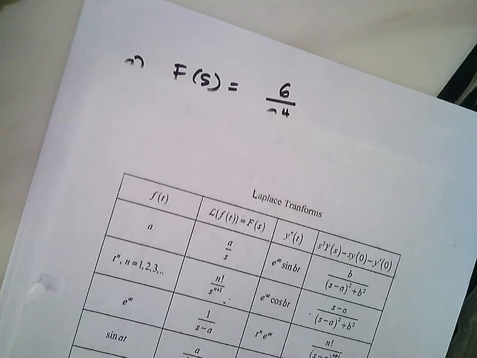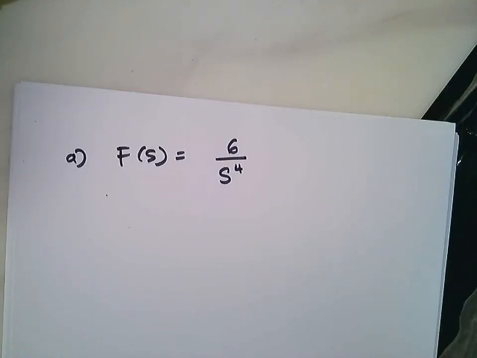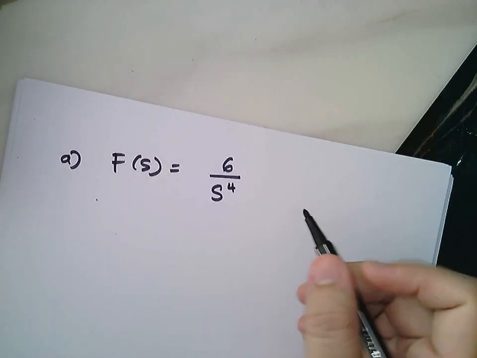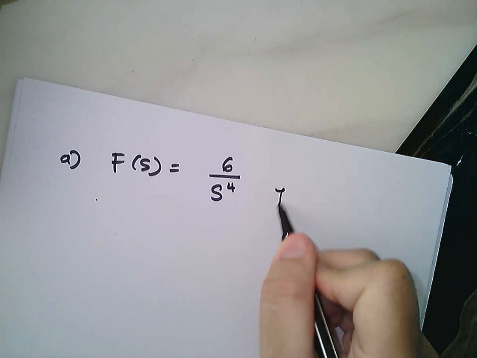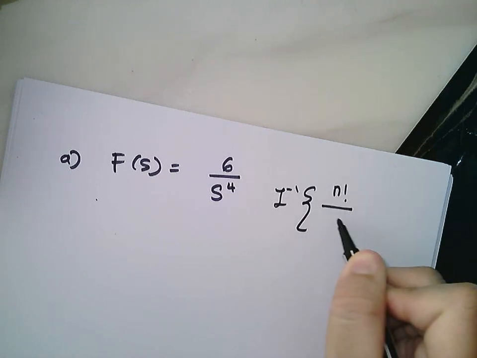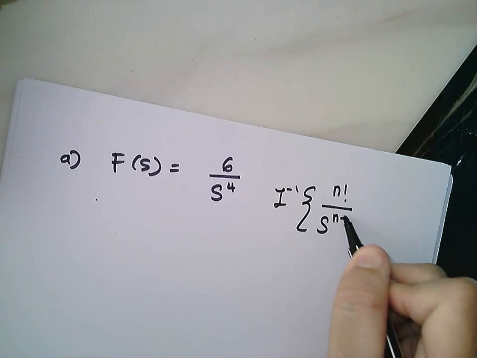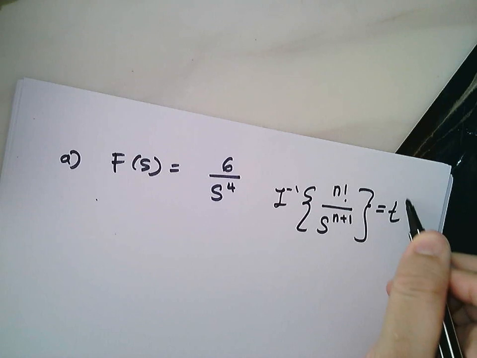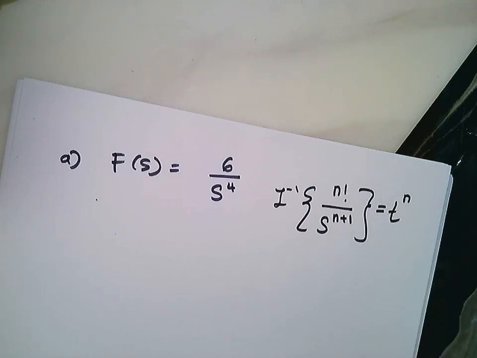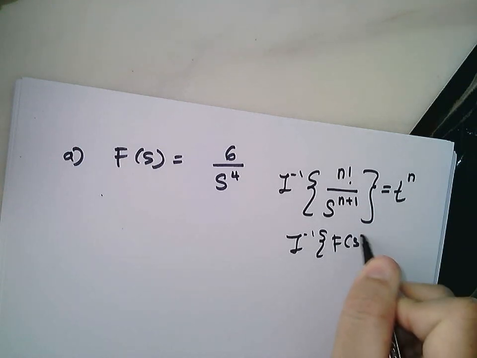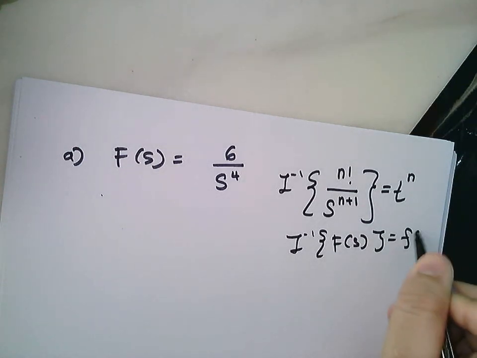Okay, so generally for the second one, Laplace inverse of n factorial over s^(n+1) is equal to t to the power of n. Okay, remember Laplace inverse of F(s), you will have f(t).